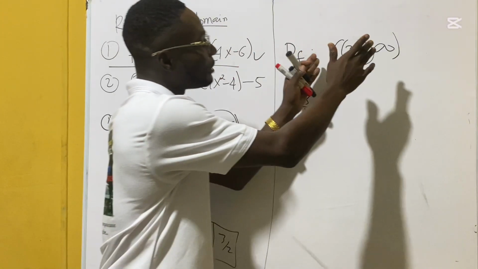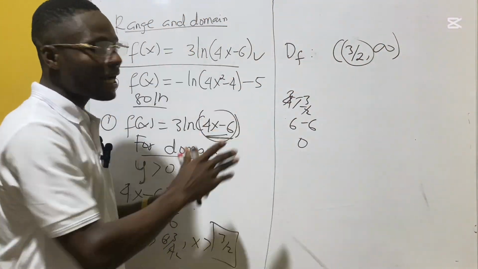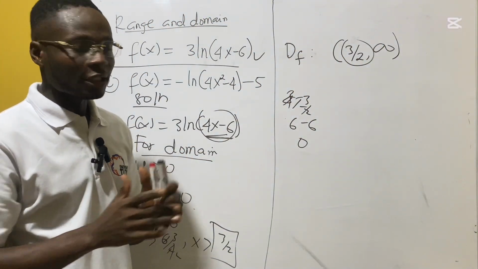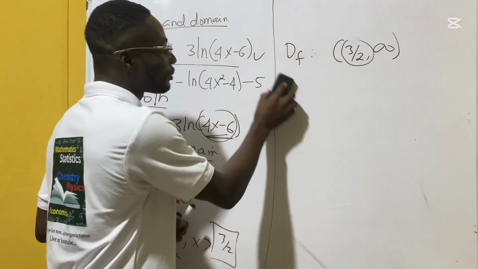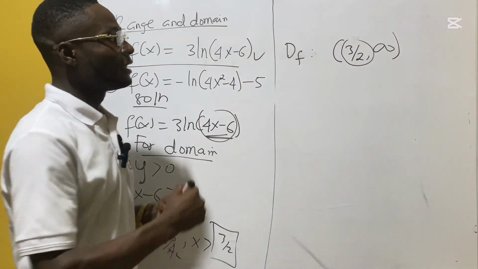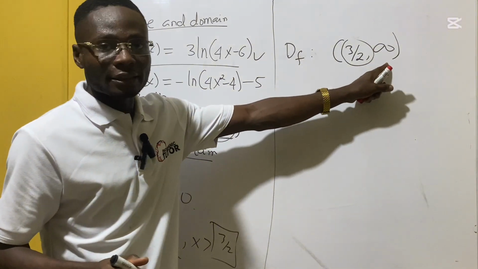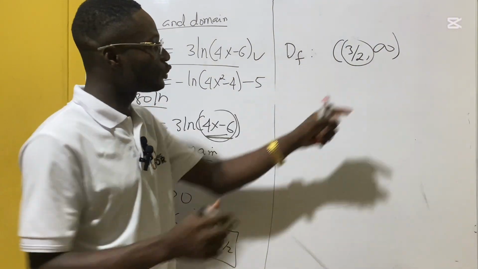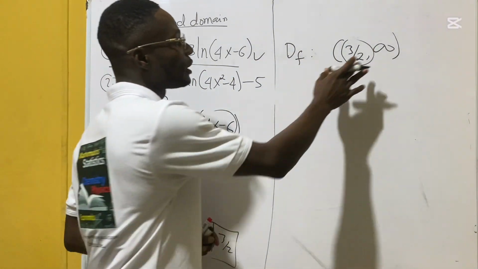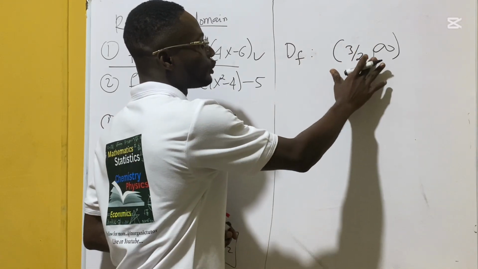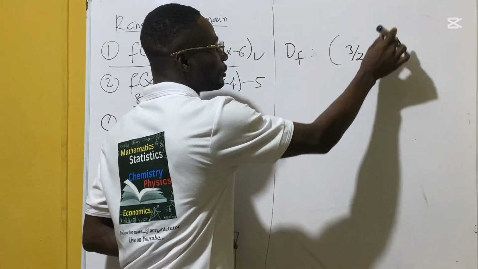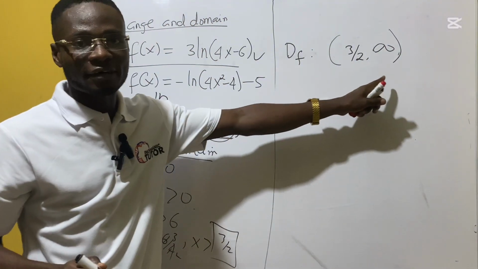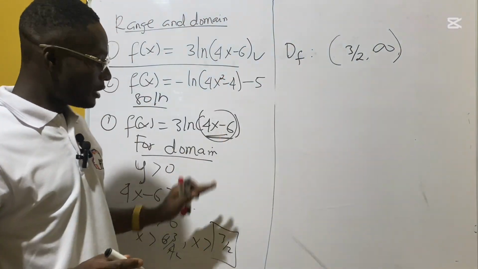Apart from these two elements, any other elements are considered to be part of the domain. So the domain for this particular function is 3 over 2 to infinity, and we exclude those numbers. That is the sign for exclusion, the interval form of writing this domain.